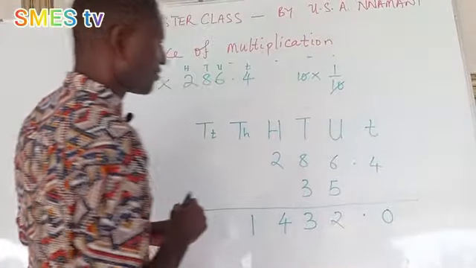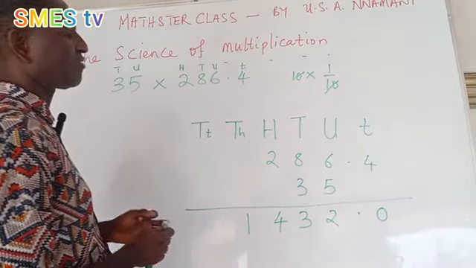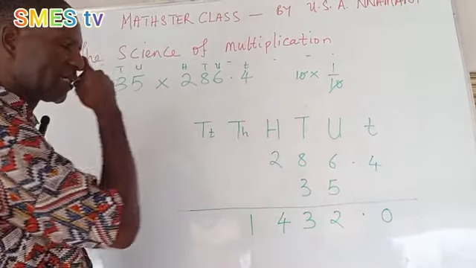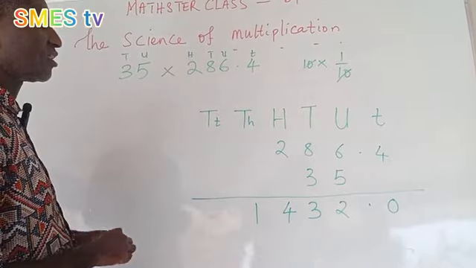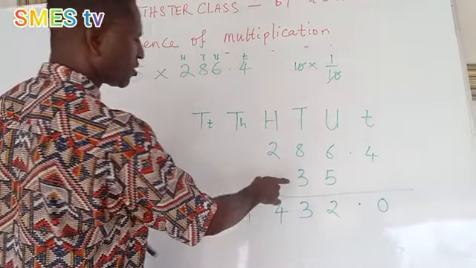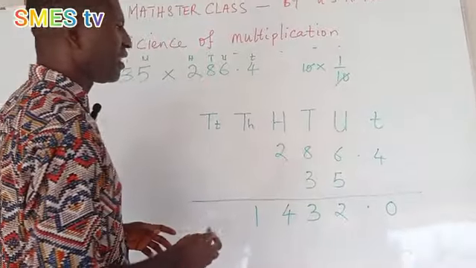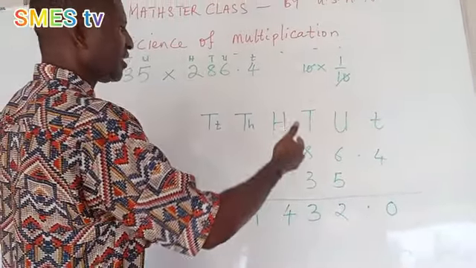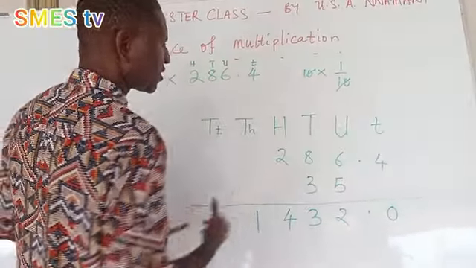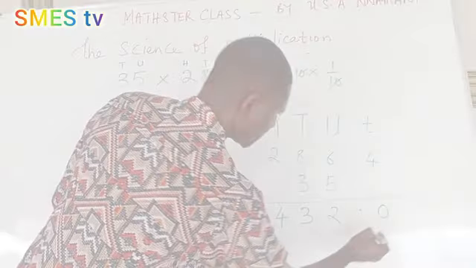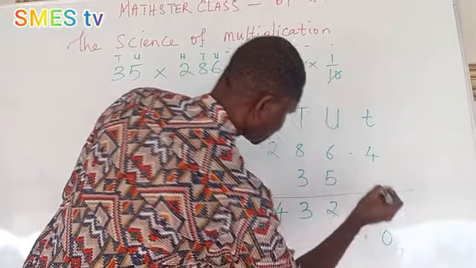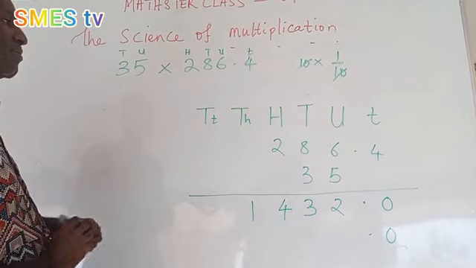Unit, we have 1. So unit would be the least place value that can be associated with the last significant digit of the product line multiplying by 3. That means the place value that is lesser than unit would accommodate the placeholder 0.